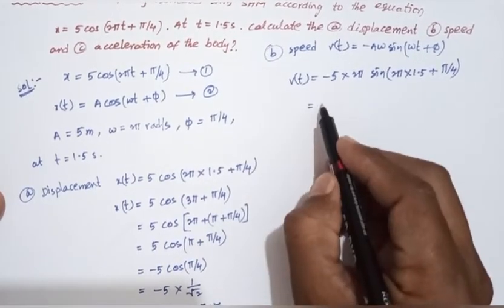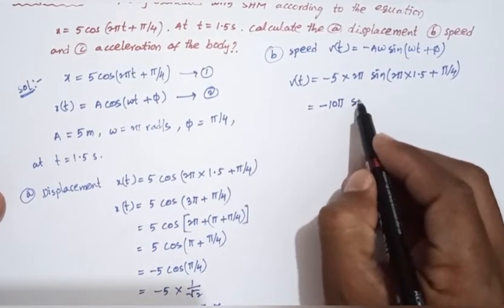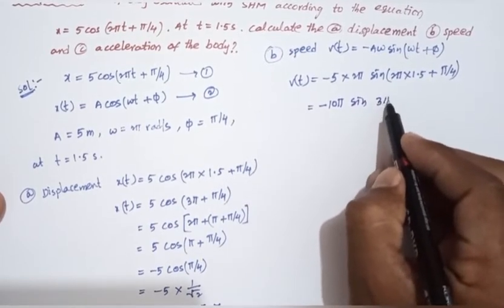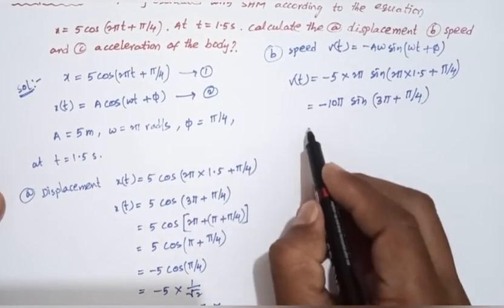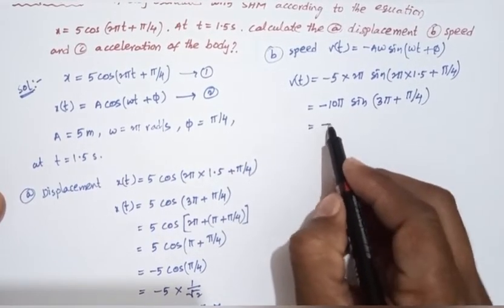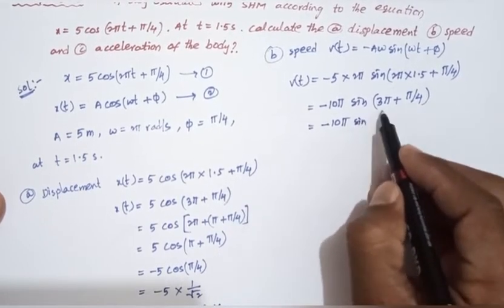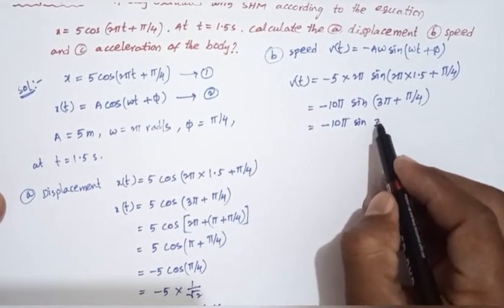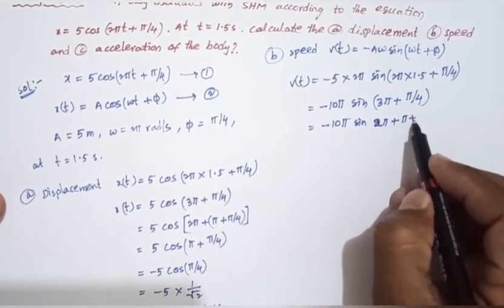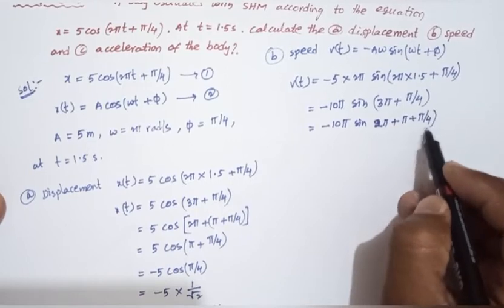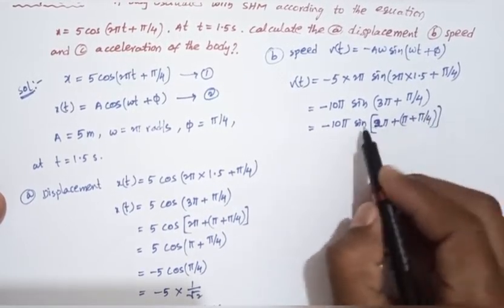That equals minus 10π sin(3π + π/4). Here 3π is 2π plus π, so there is no change, since sin(2π + theta) equals sin theta.